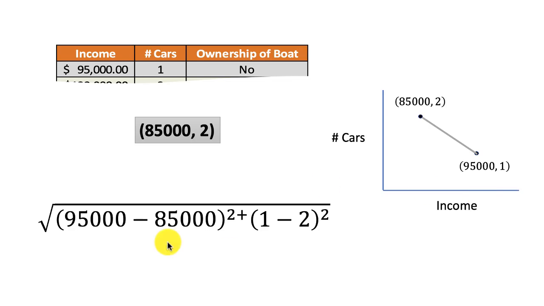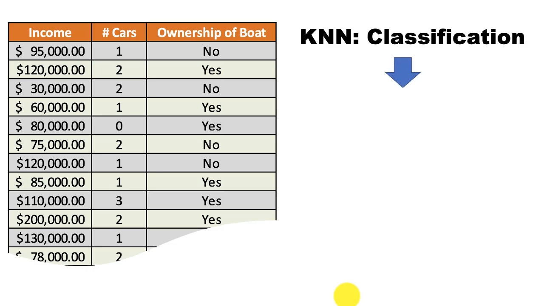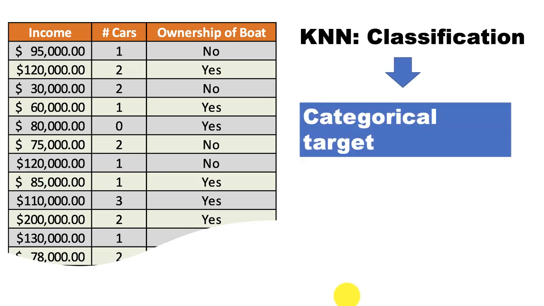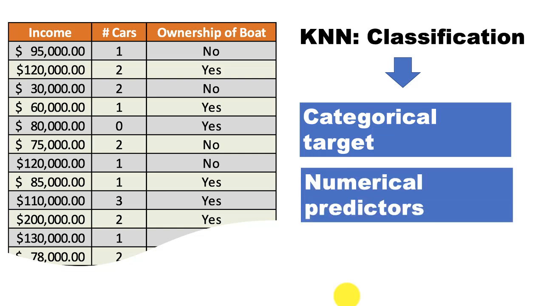So if you want to use KNN for classification, the target has to be categorical and all predictors have to be numeric. Now, of course, as I have already pointed out, the KNN technique is also applicable for regression, but we'll discuss that later, not right now.